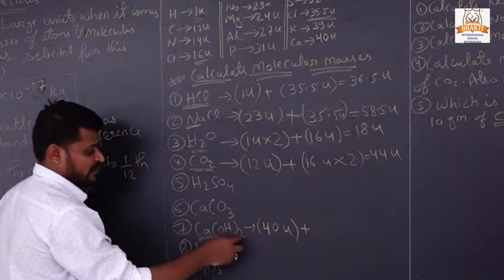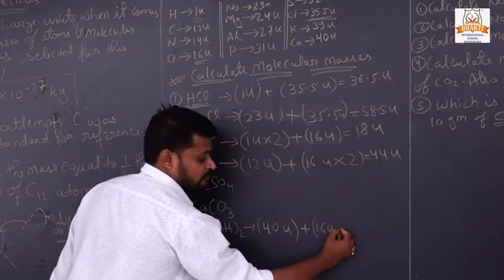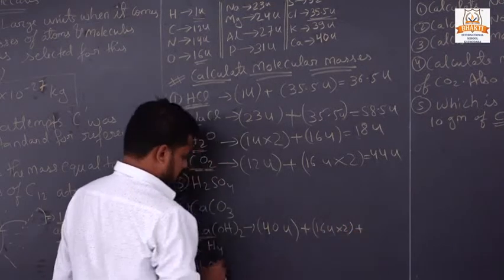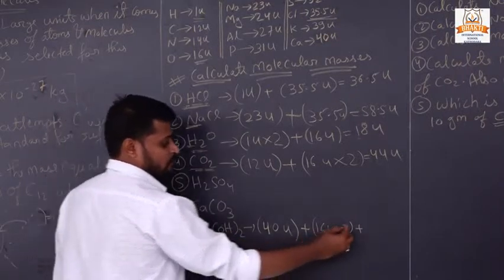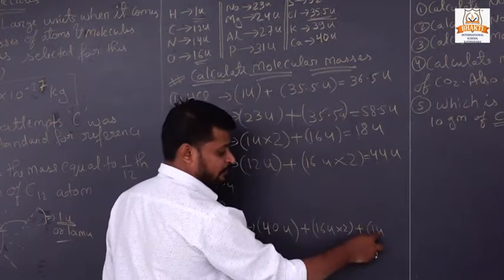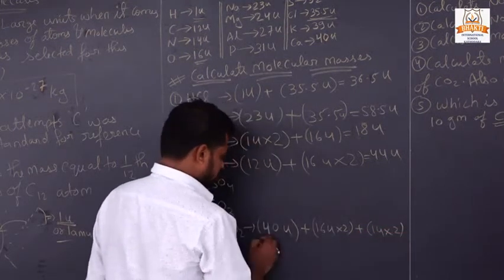Why? Because OH is here twice. So the molecular mass of oxygen is 16 unified mass into 2. Then plus, hydrogen also has 2 atoms, so the molecular mass of hydrogen is 1 unified mass into 2.